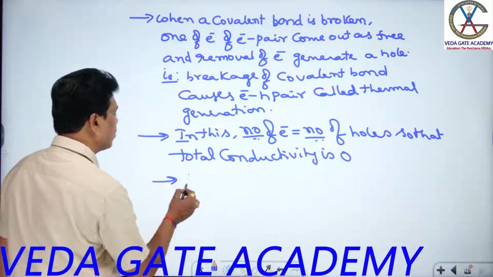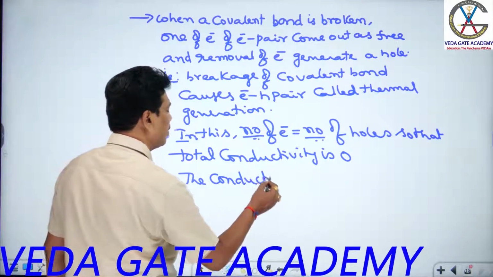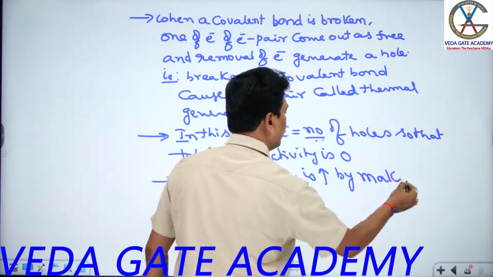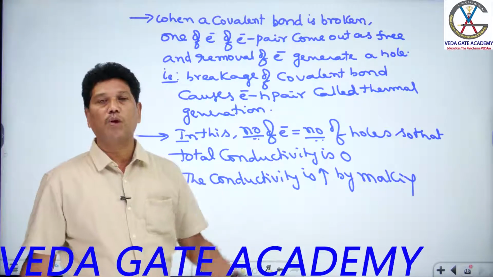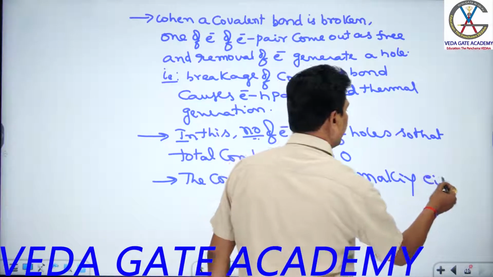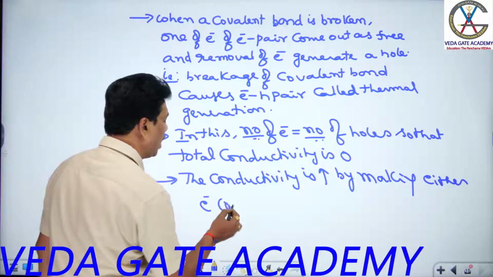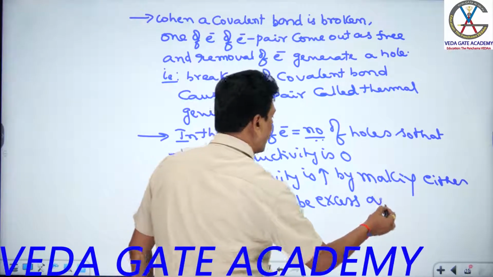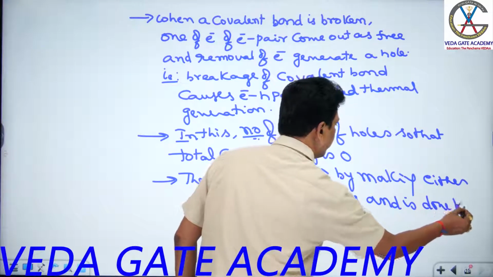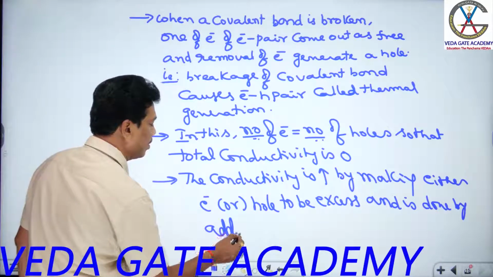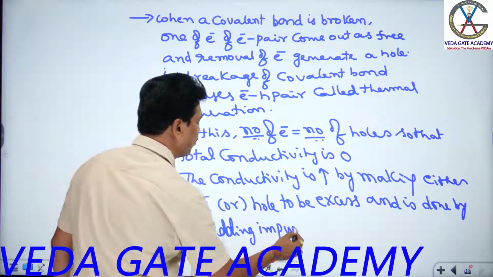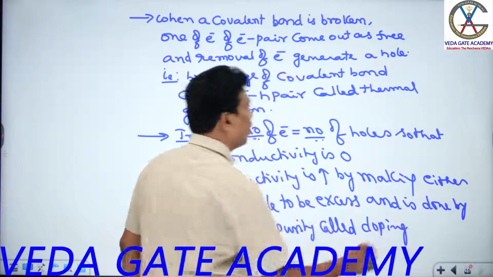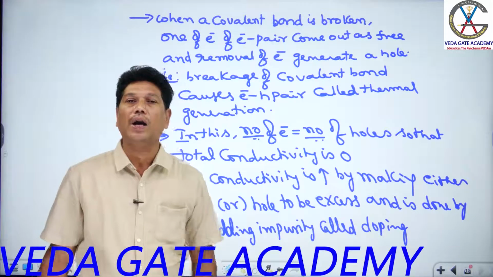So the conductivity is increased by making one to be more than the other, making either electrons or holes excess. This is done by adding impurity, called doping, students, and the result is a doped or extrinsic semiconductor.